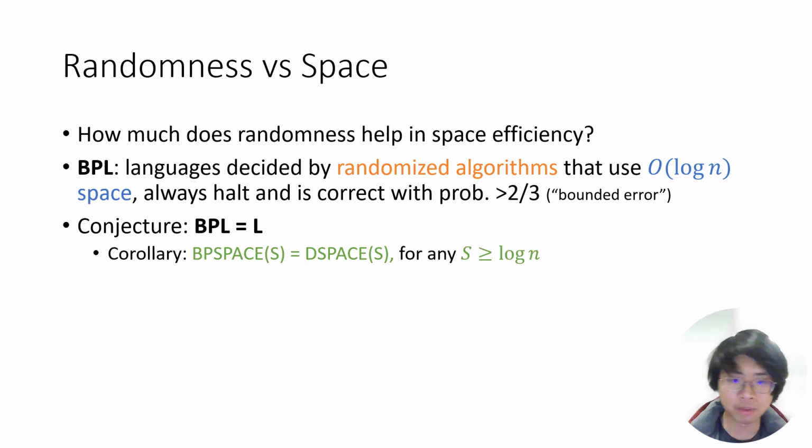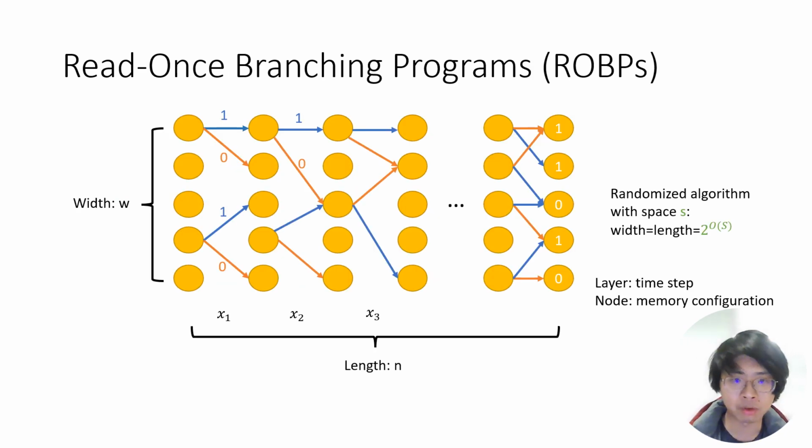Before we talk more about this, first let's introduce two very basic definitions. The first one is read-once branching programs, which is a model that captures how the memory of a randomized algorithm changes after reading each random bit. Specifically, a read-once branching program is a layered graph where each layer represents a specific time step of a randomized algorithm when we flip a random coin.